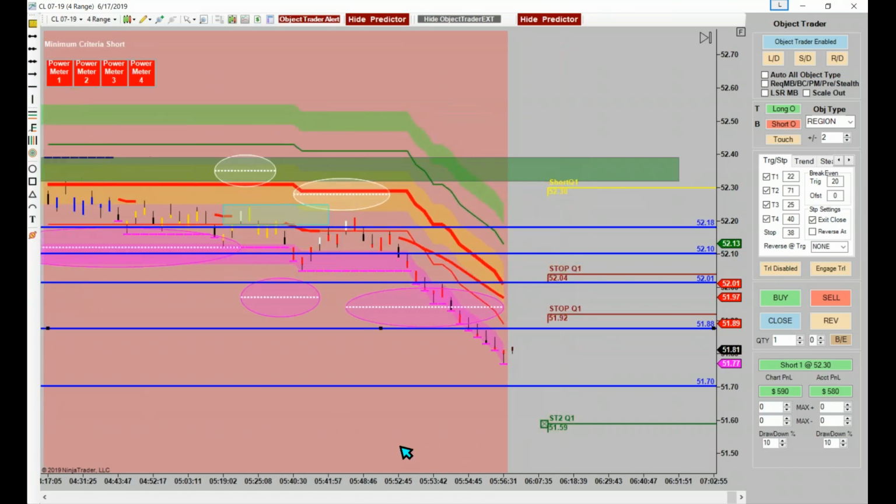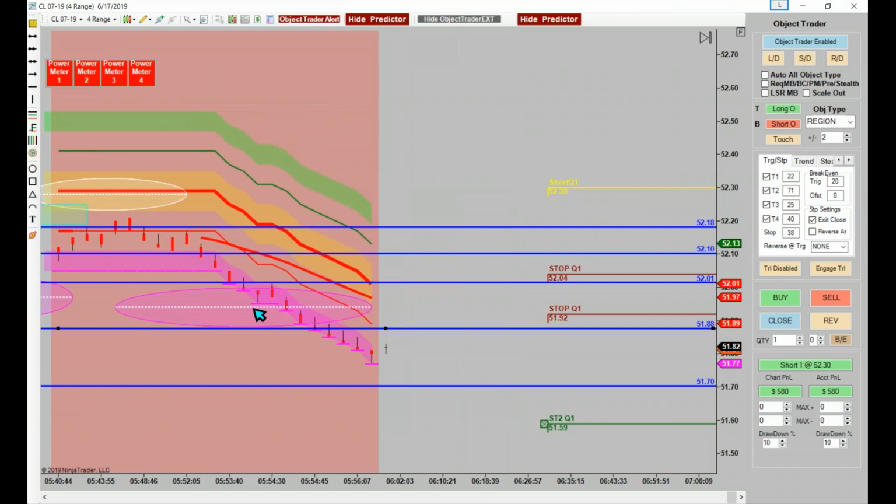But I'll tell you another one to watch for. See that little hammer candle right there? That usually means that they're either done, or the next bar rolls over. Usually that's the way that works. If this bar doesn't roll over, then you could pretty much be done. See where this little hammer candle is right here?